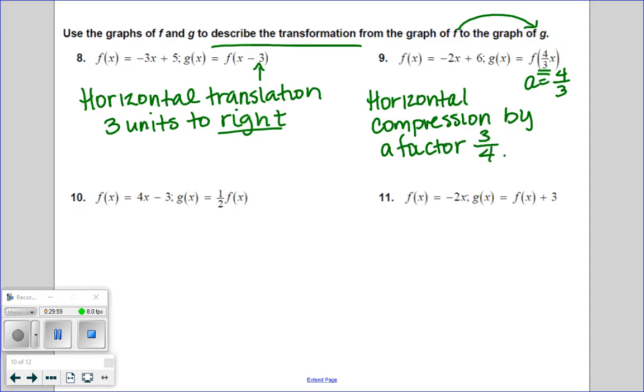We have to do the reciprocal. Okay? So we're looking at a horizontal compressing in by a factor of 3/4.